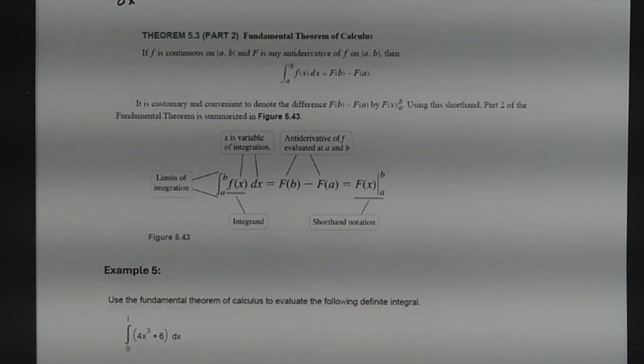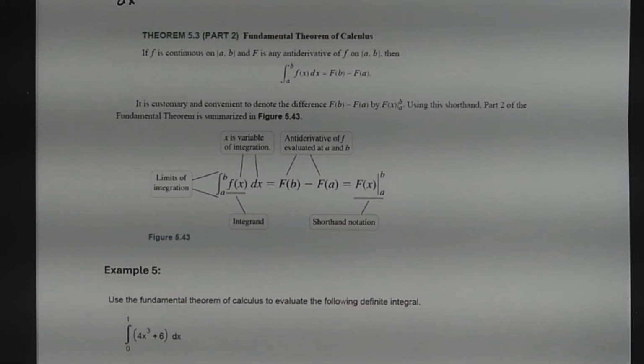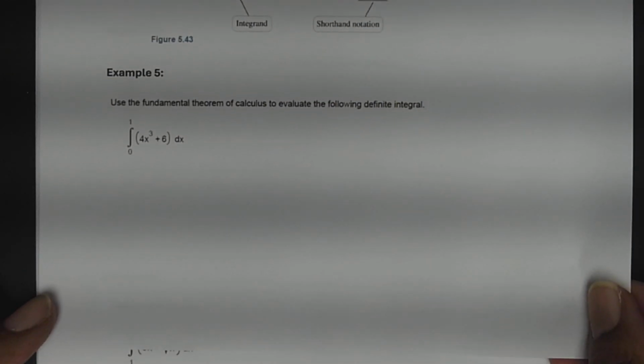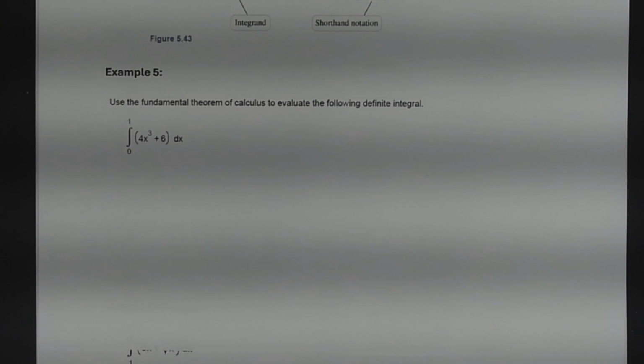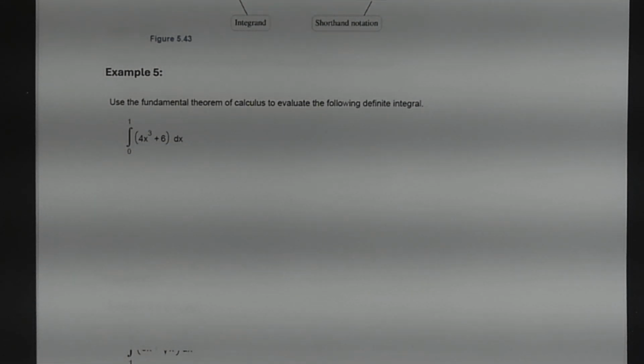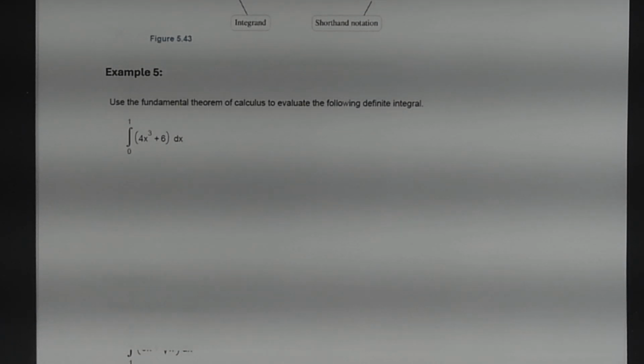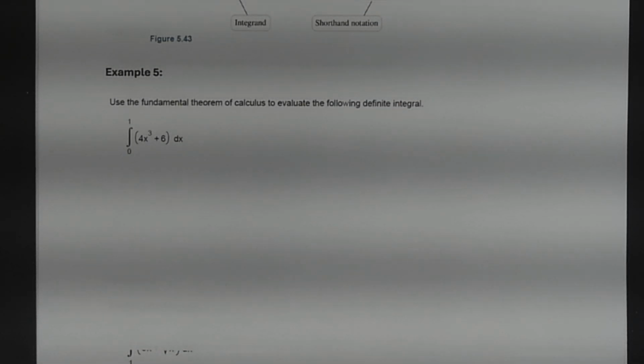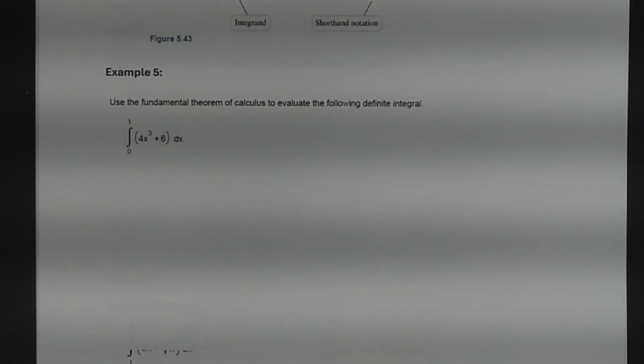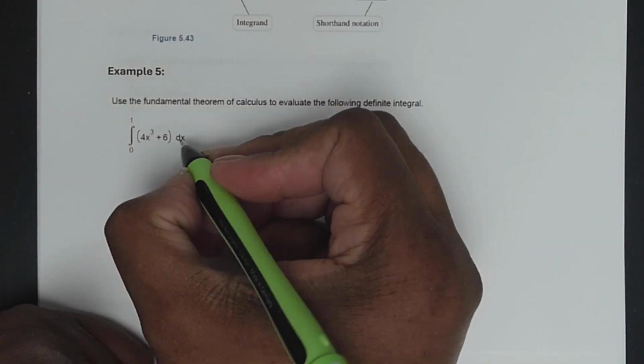So we're going to use this to find definite integrals. In example 5, the integral from 0 to 1 of 4x cubed plus 6 dx, we're going to use the Fundamental Theorem of Calculus. Let's go ahead and integrate this.